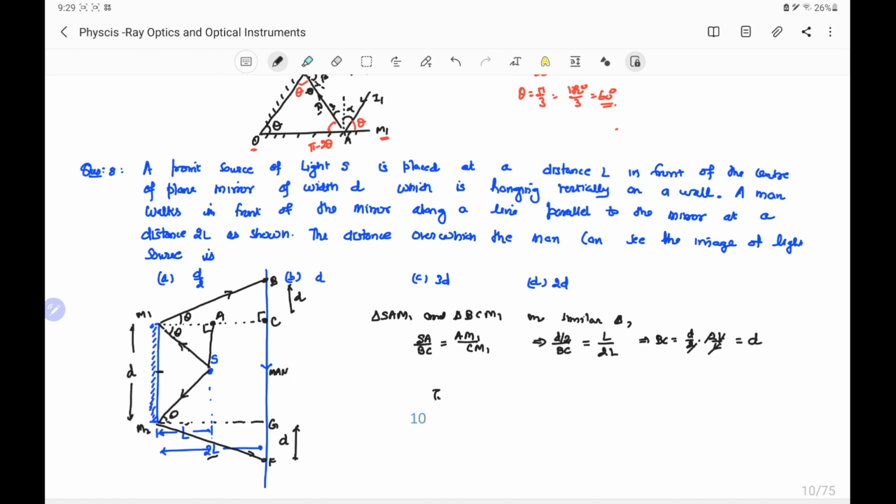Therefore, the total distance for which the man can see the image of the light source is BF, and this will be equal to D plus D plus D, that is equal to 3D. This is the answer.